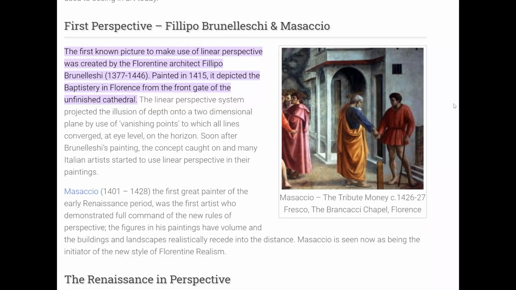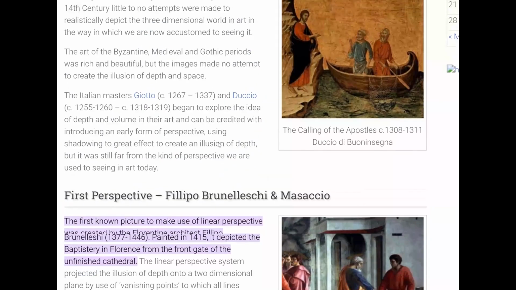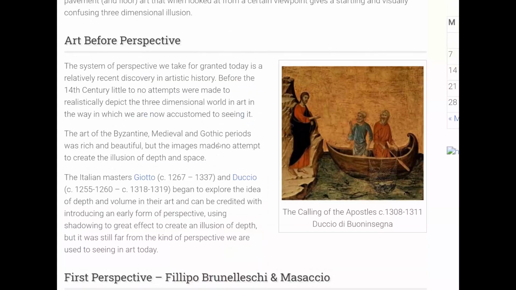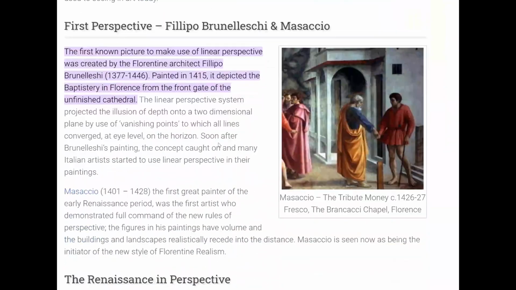So let's go ahead and take a look at the history of perspective. It kind of all starts with this Brunelleschi figure and Masaccio, if they were real people. And it's interesting, they bring up here that even in the past, the medieval artists did try to do some things with shadowing to create depth, but it's not the same as what these artists were doing.